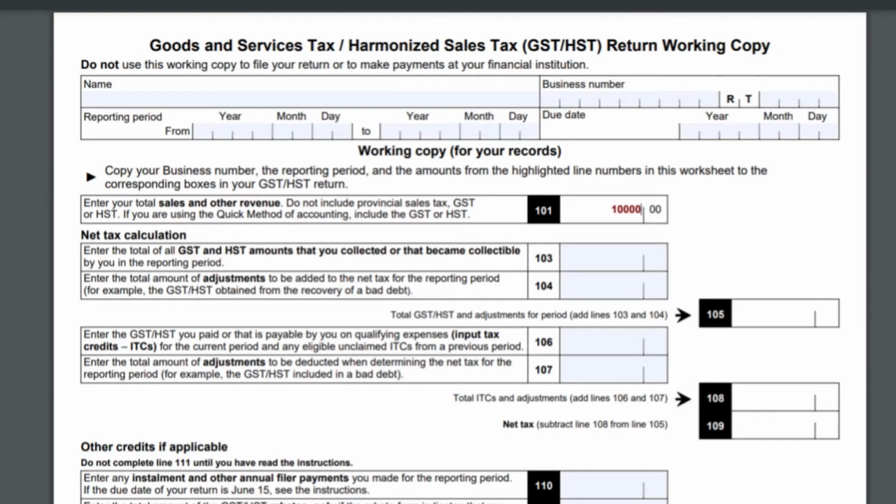And in the next line, you'll enter your input tax credits, which is the total of all of the GST HST taxes you pay to Amazon or UPS or Canada Post and so on. And what happens is that every year thousands of dollars of sales taxes that you collected from your customers remain yours, and you do not have to remit a big portion of that to the government. So it's an extra few hundred dollars every month that you don't want to miss.